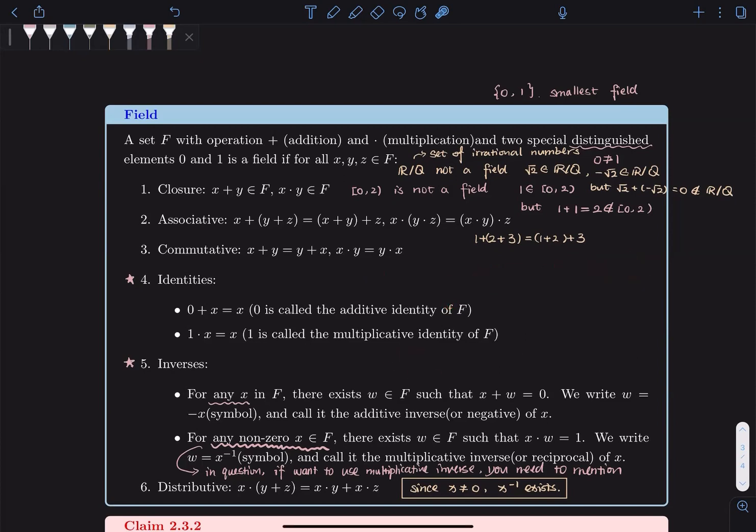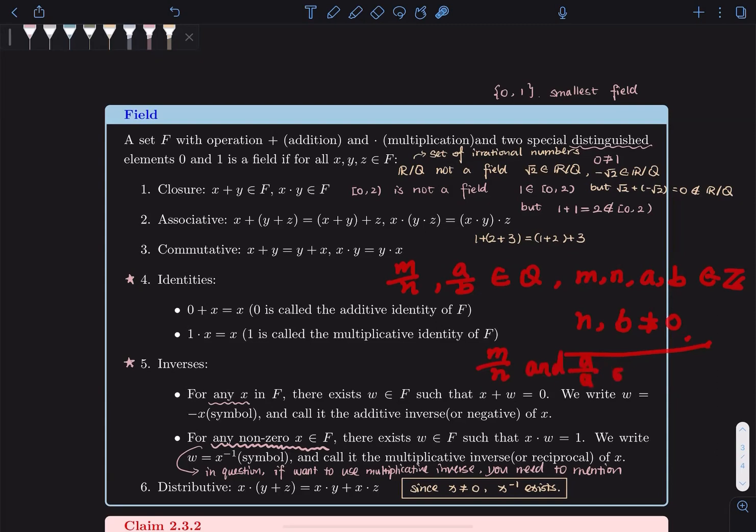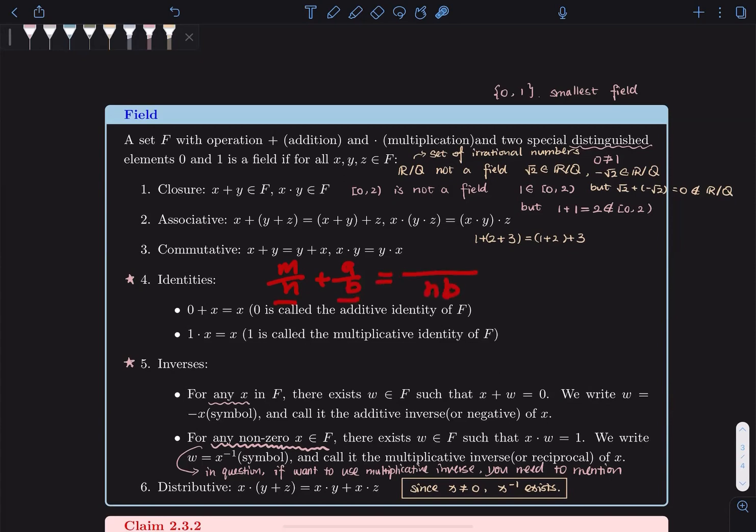So I'm going to let m over n and a over b be in Q, where m, n, a, b are integers and n, b cannot be 0, in lowest terms. Then I can add them together. So m over n plus a over b gives you a numerator of mb plus an, over nb.